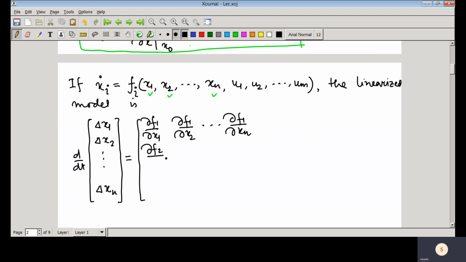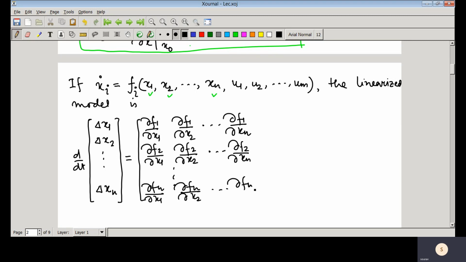Similarly, you have del f2 by del x1, del f2 by del x2, and del f2 by del xn. Similarly, del fn by del x1, del fn by del x2, del fn by del xn. So you have one n cross n matrix where each element is the partial derivative, and you calculate this matrix at that operating point. And you have delta x1, delta x2, delta xn.